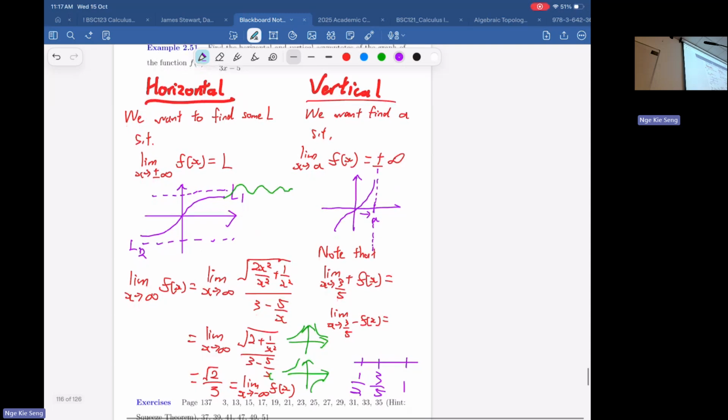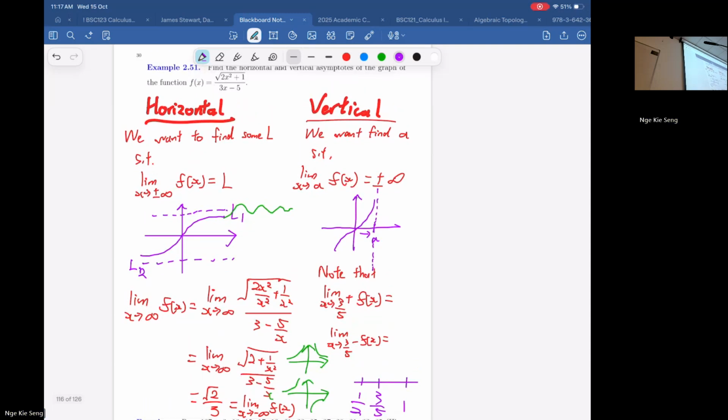If you substitute 1 into this, what do you get? 3 minus 5 is negative.